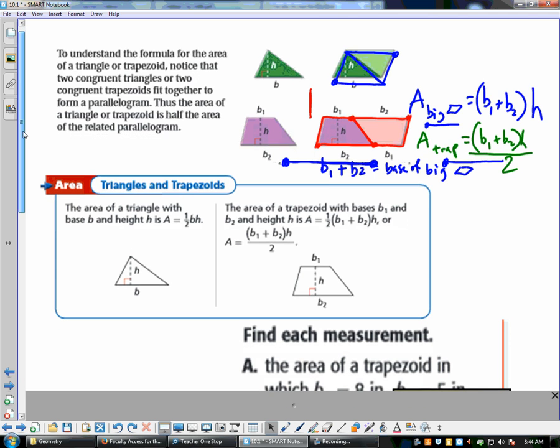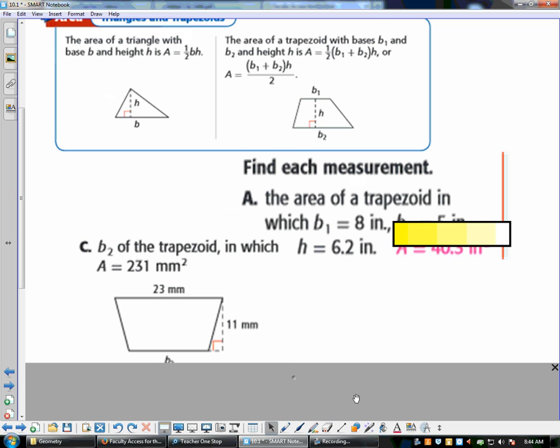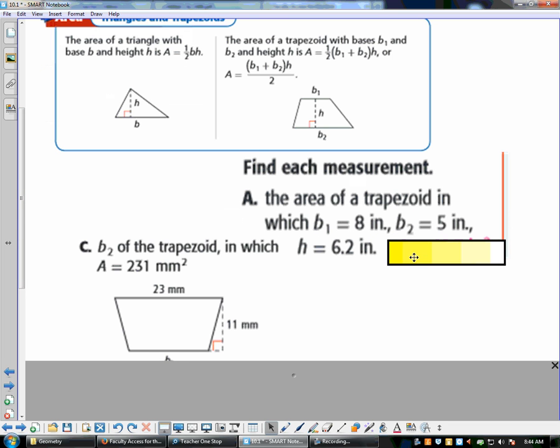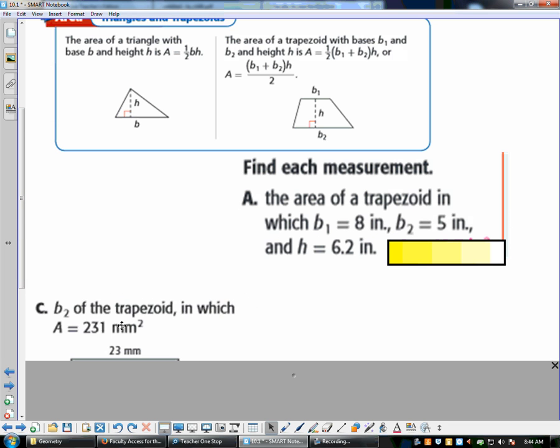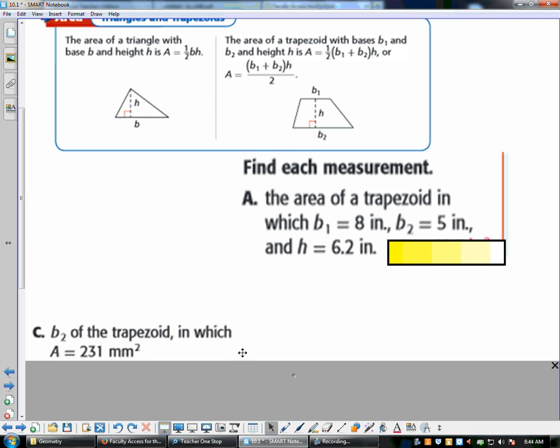Okay, so let's take a look at an example here. If we want to find the area of a trapezoid, and B1 is 8, B2 is 5, and h is 6.2, what are we going to do to find that? Colin.